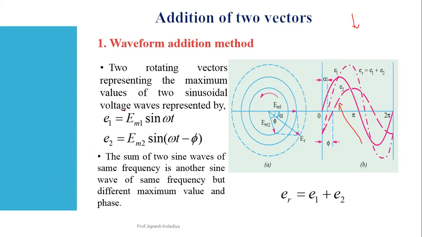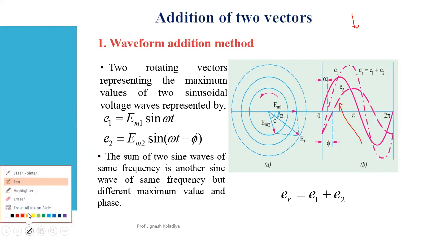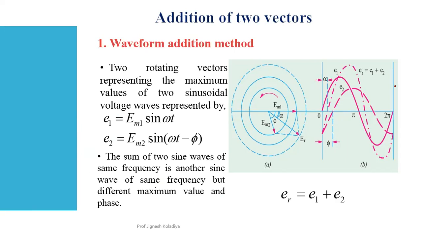Okay. Now someone wants to know how we are getting the resultant. It's very simple. Just you have to add two values E1 and E2. For example, see, if I take this particular point, at this particular instant, you have the value of E2 as well as E1.